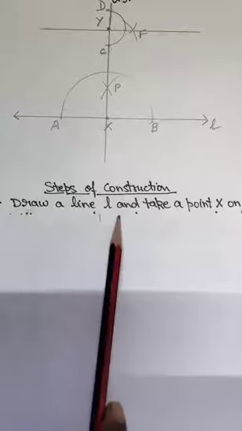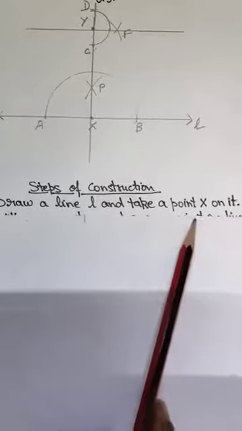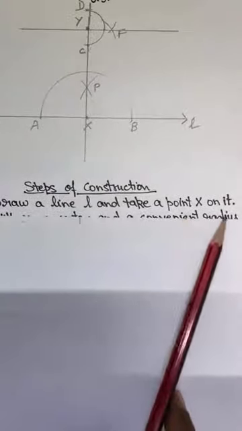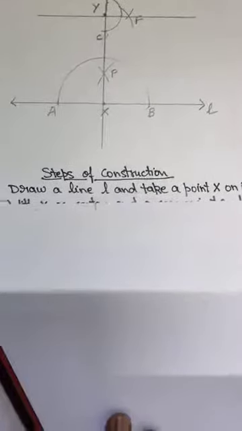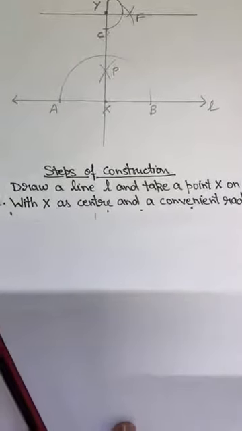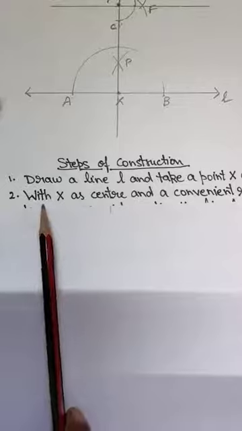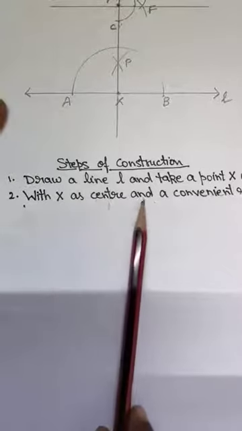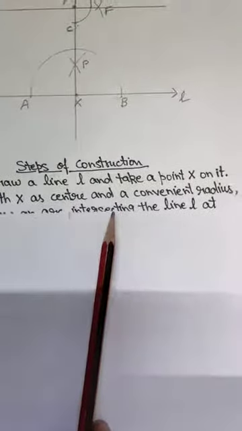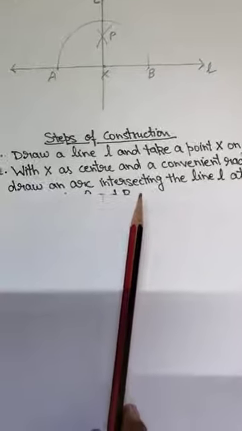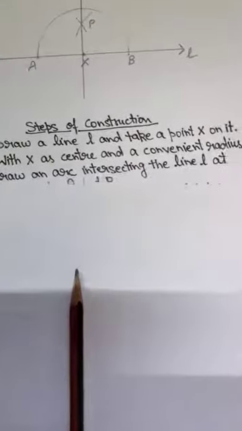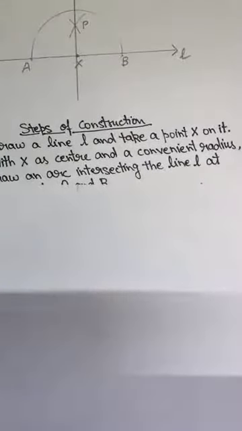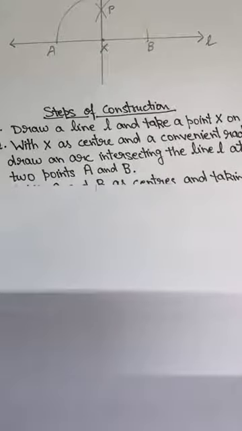Draw a line L and take a point X on it. Second, with X as a center and convenient radius, draw an arc intersecting line L at 2 points A and B. Fine.